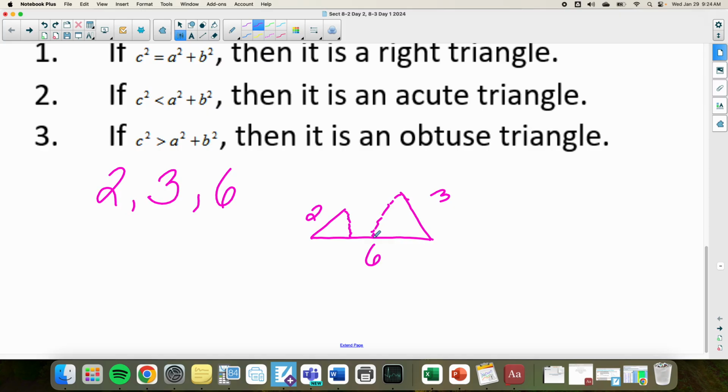Then, let's say that I changed that and I said, okay, this time, what if this was 4? And then I went over here and changed this to 4, okay? What would happen this time if I made this 4?